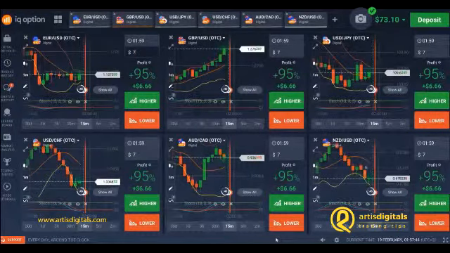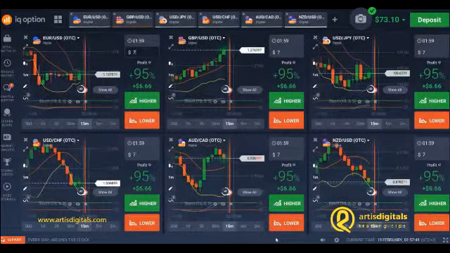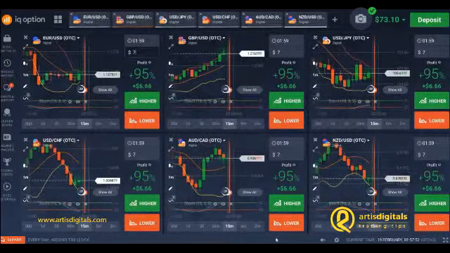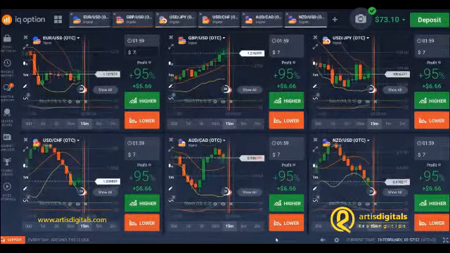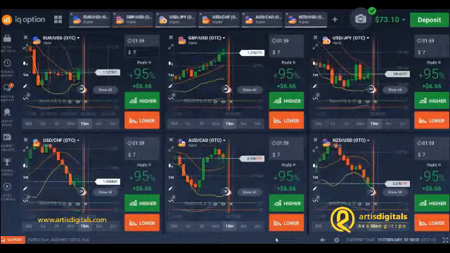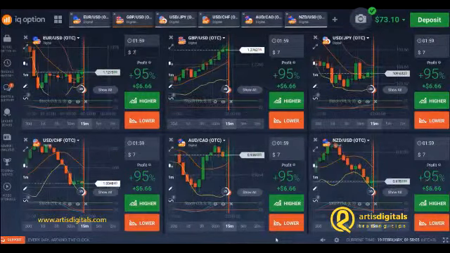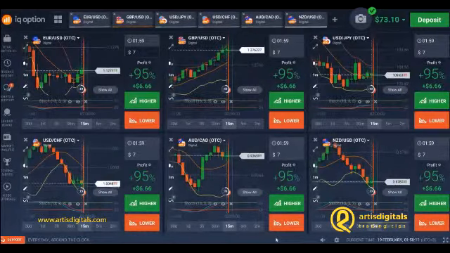So we see a hammer here that didn't work, and remember today the market is not so good. You might have to wait a while for perfect signals. Remember to always study the market before you do your trading, otherwise you will win today but lose all the balance you want tomorrow.